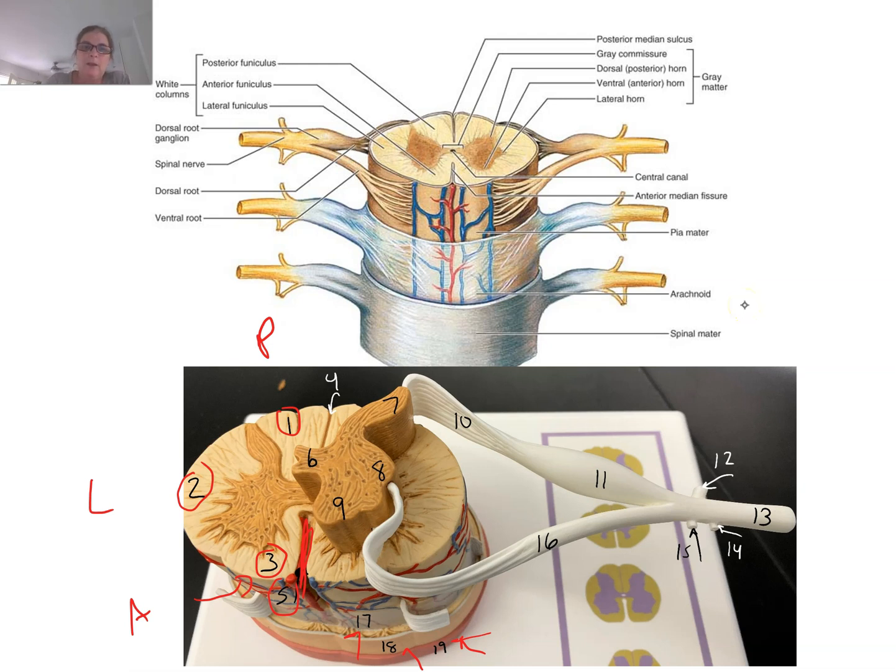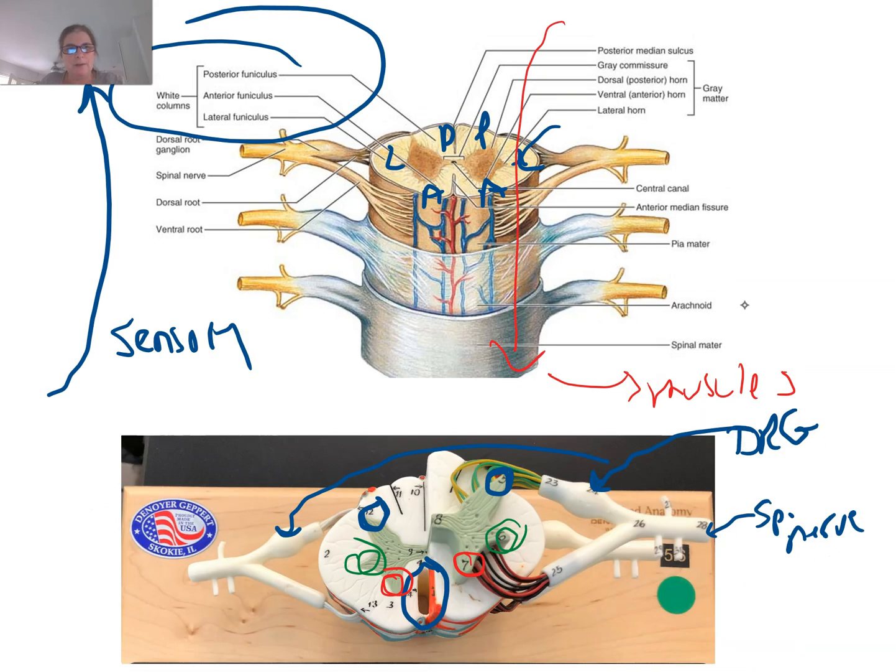You can see your horns, right? 7 is the posterior horn, 8 is lateral, and 9 is anterior. 10, that's your dorsal root. 16, this is your ventral root. Here's your dorsal root ganglia. And 4 is your posterior median sulcus. Now, we haven't talked about these out here too much yet. We'll be getting to that in a later lecture.